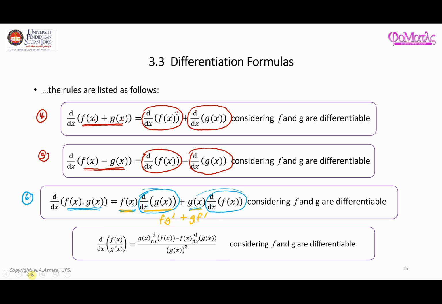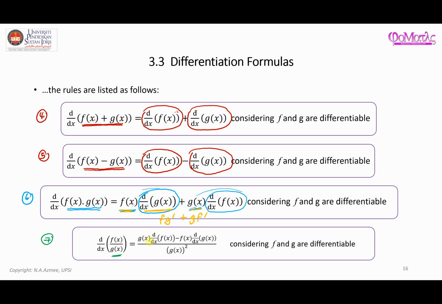Okay, now if you look at the next one here, this is rule number 7, and you can see that the function that we have here is made by dividing f of x with g of x, so f of x over g of x. And for this reason, this is the formula that you can use in order to find the derivative of this function.